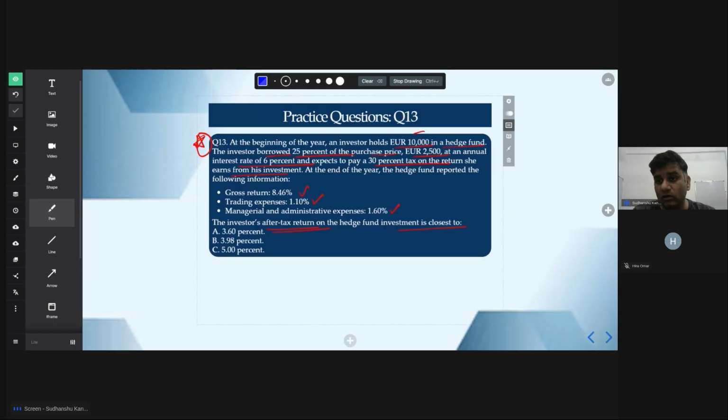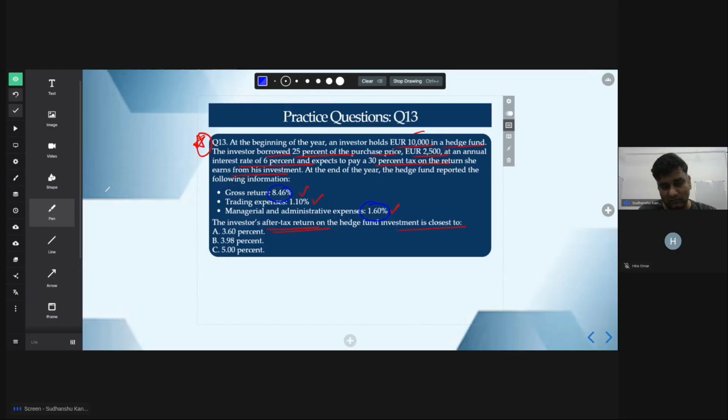First of all, there are a lot of moving wheels here, right? The first step is to compute the investor's net return from the hedge fund investment, and the net return is the fund's gross return minus the managerial and administrative expenses, right? So your 8.46 minus 1.6.